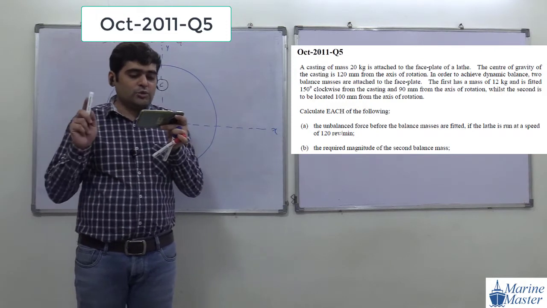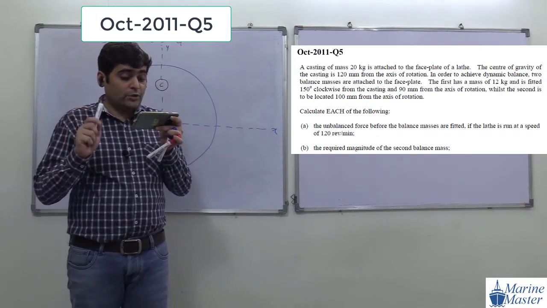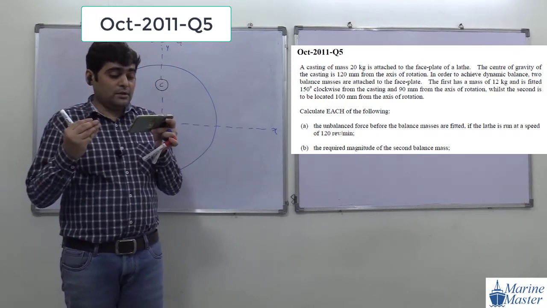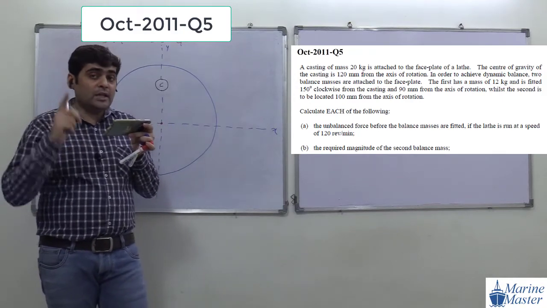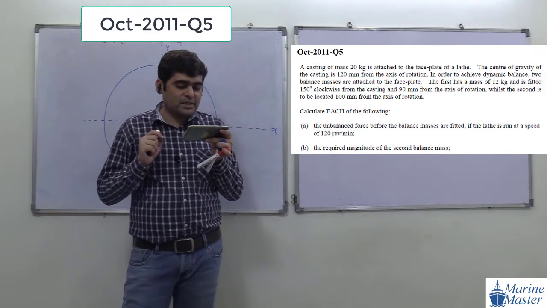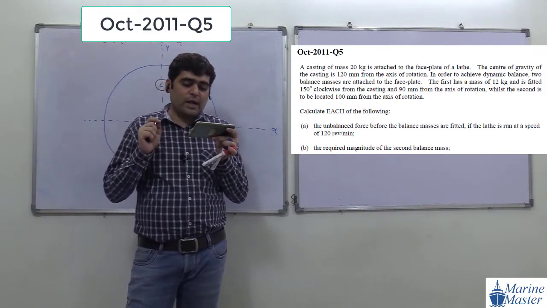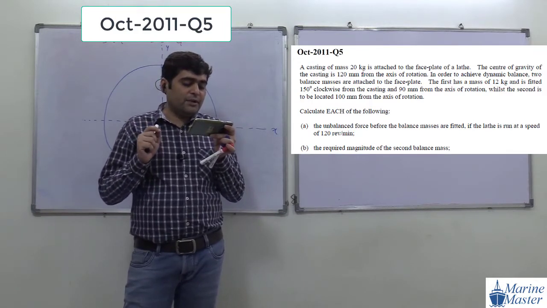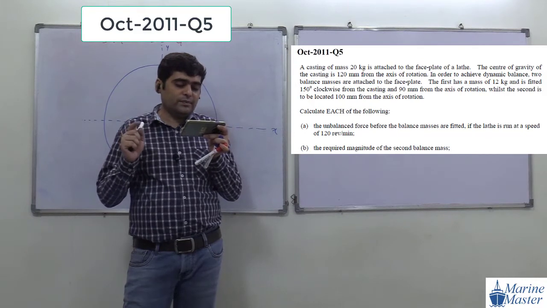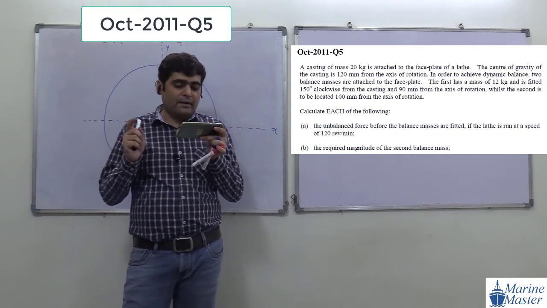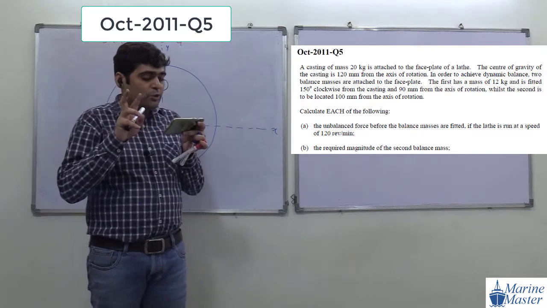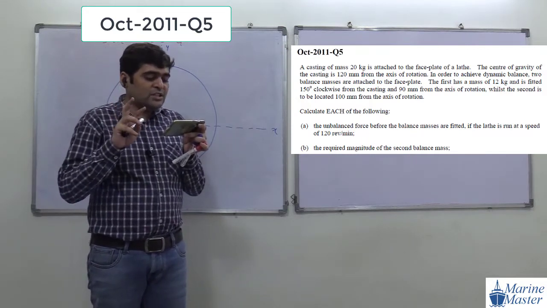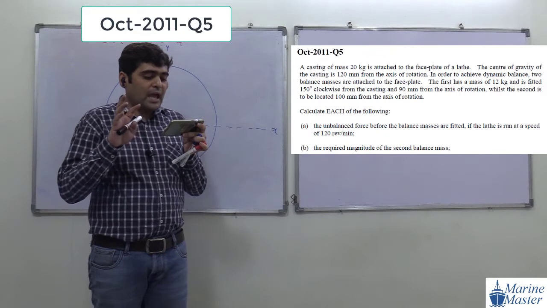In order to achieve dynamic balance, two balance masses are attached to the face plate of the lathe. First mass is 12 kg, fitted 150 degree clockwise with respect to the casting, at 90 mm from the axis of rotation.